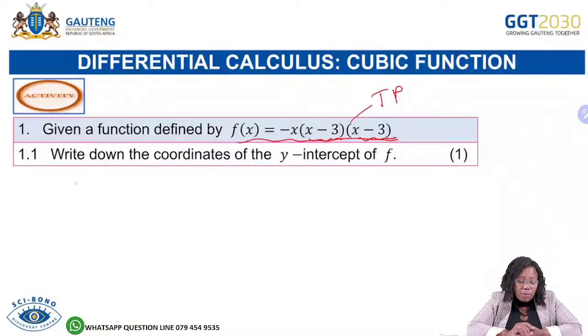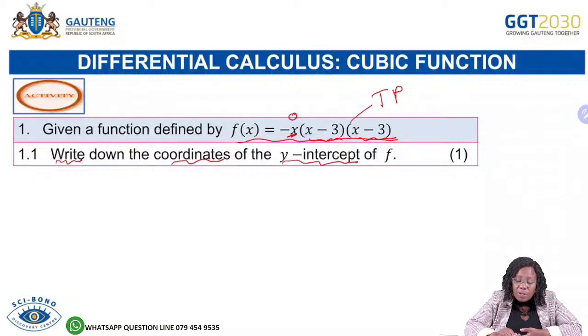And then now, question, write down the coordinates of the y-intercept of f. By say write down, that means the answer is already on your given information. You are not calculating, but you are writing down the coordinates of the y-intercept. Remember, to find the y-intercept, you let x equal to 0.